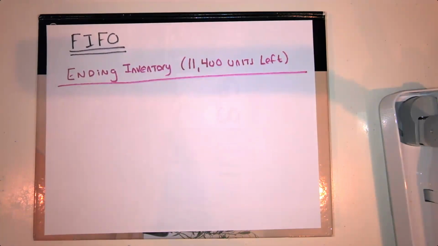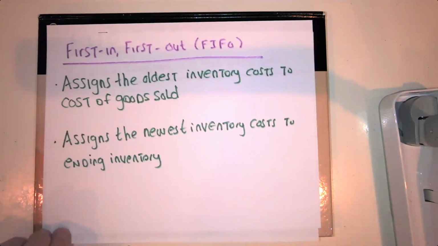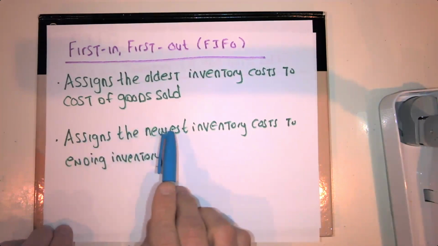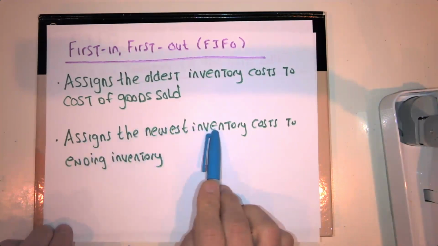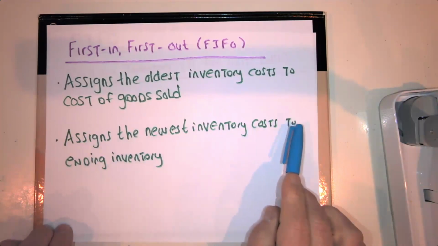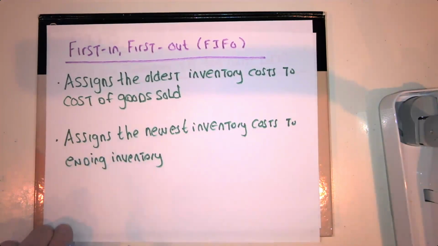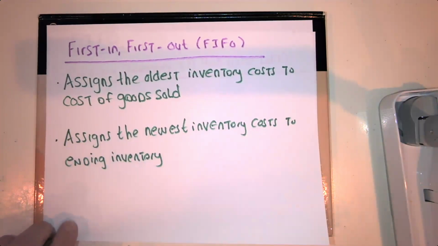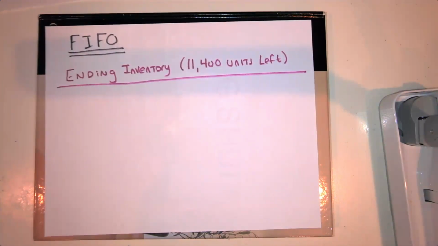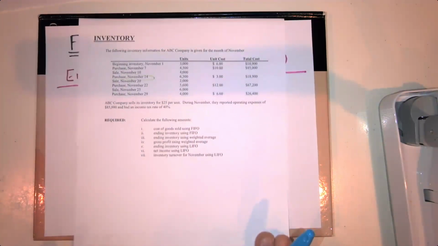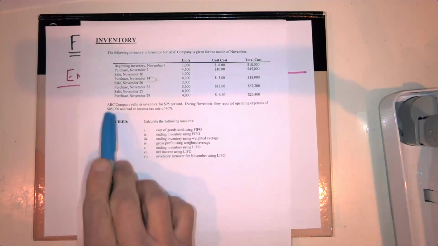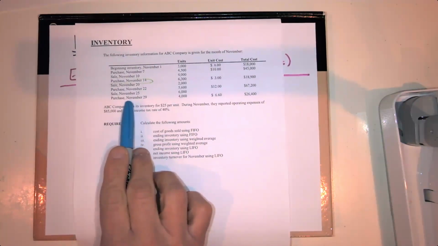And under FIFO, what did we write here? It is the newest inventory costs that we assign to our ending inventory. And the newest costs, the most recent purchase, is all the way down here at the bottom.